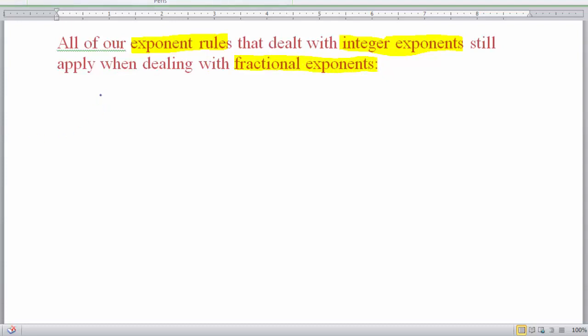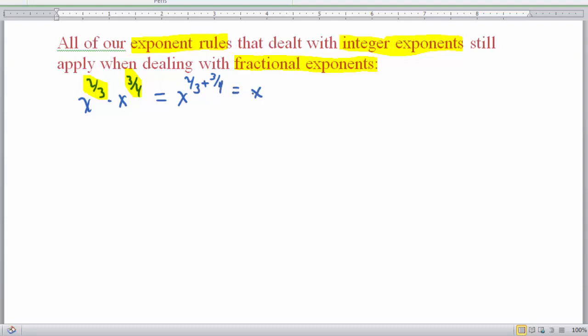So in other words, if you were given something like this, x to the 2/3 times x to the 3/4, you use your same exponent rule, right? When we have the same bases and they were being multiplied, you just add the powers. So you would just be adding 2/3 and 3/4. So this is really just x to the 2/3 plus 3/4.